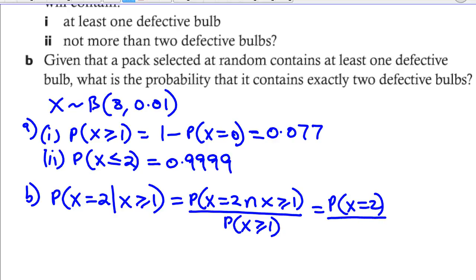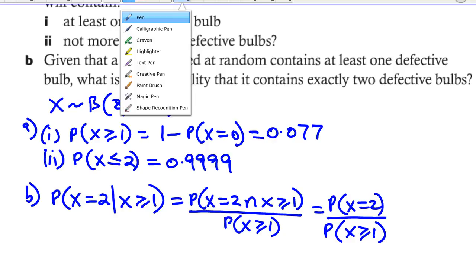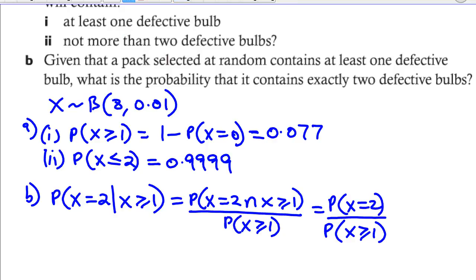That's the intersection. Remember, these are discrete random variables, not cumulative. Good. Once you have that, all that we have to do is work out the numerator and denominator separately on your calculator. I'm assuming you can do that by yourself.